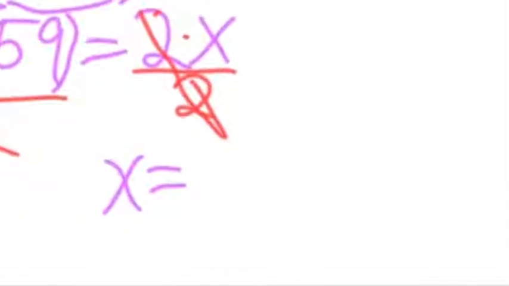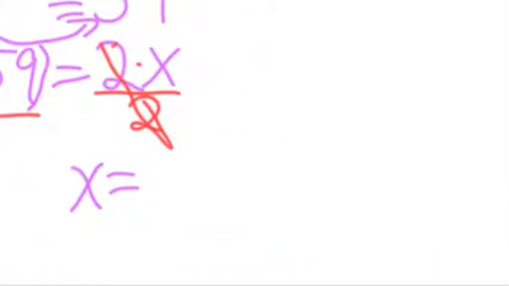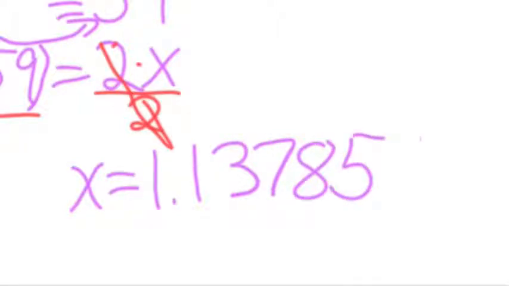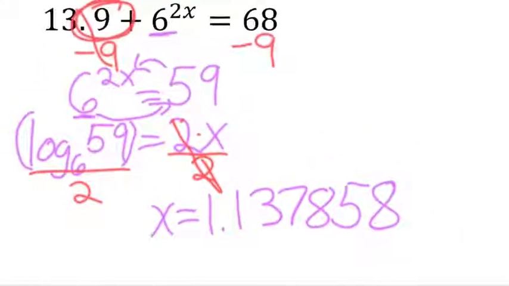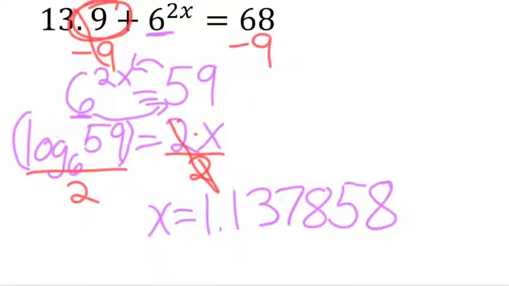You can choose to round it to any decimal place, but on my answer key, I'm always going to have extra decimals so you can check your rounding. So that would be our answer for number 13.